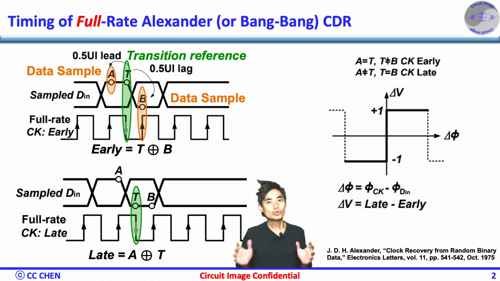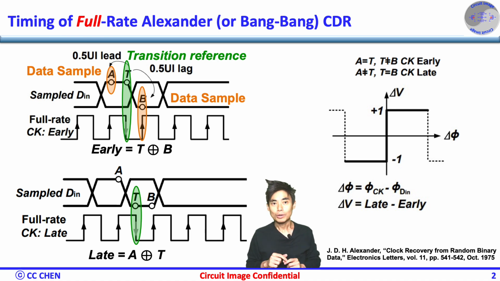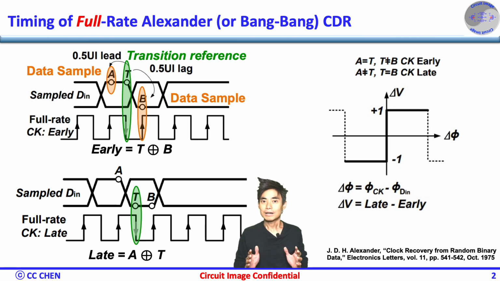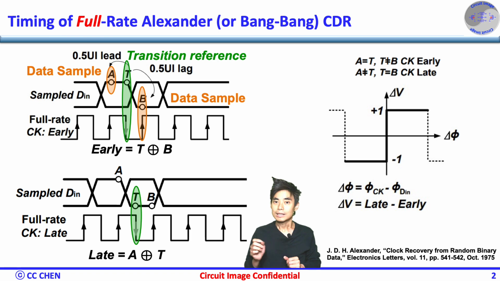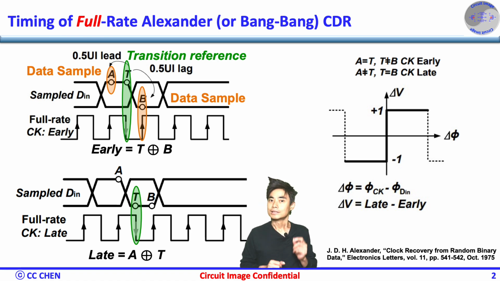Then, we should have one half-UI sample D, or like the transition sample T, which is called A and B data samples. If the clock phase is earlier, then both the data sample A and the transition sample T would have the same sign, but different polarity from the data sample B.